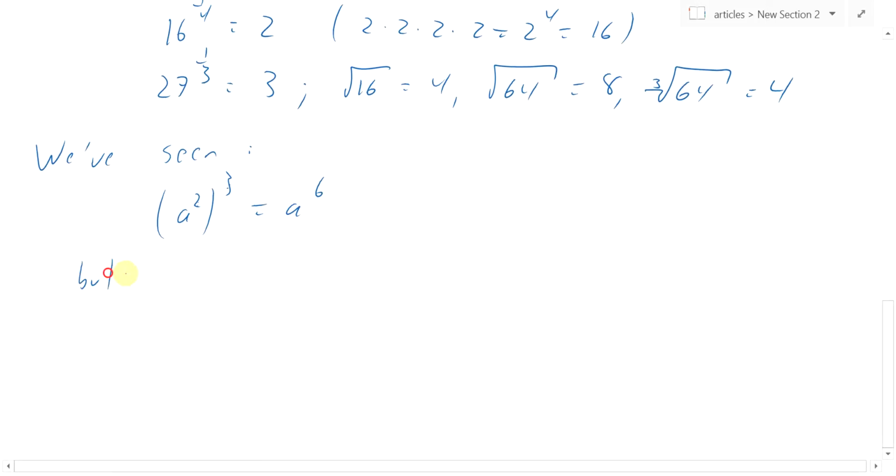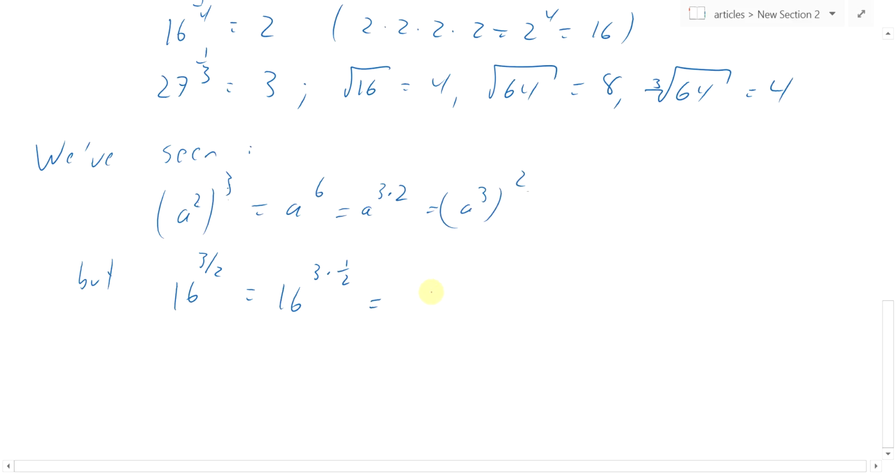But if you look at it the other way, suppose we have 16 to the 3 halves. Well, 3 halves is 3 times 1 half. Right? And just like this here, a to the 6th, that's an a to the 3 times 2, and it can be written as a squared cubed, or if you want, a cubed squared. Those both give you a to the 6th, because 2 times 3 is 6.